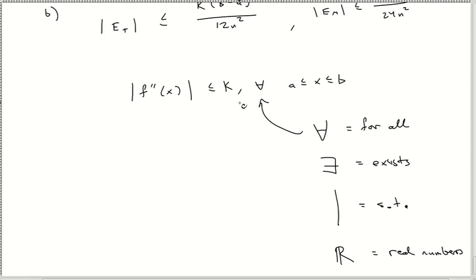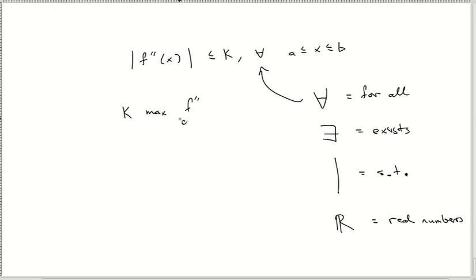So what does this whole thing mean anyways? K is your maximum of the F double prime, and it has to be within the original domain. In order to do any of this, we need to find our second derivative. So let's do that.